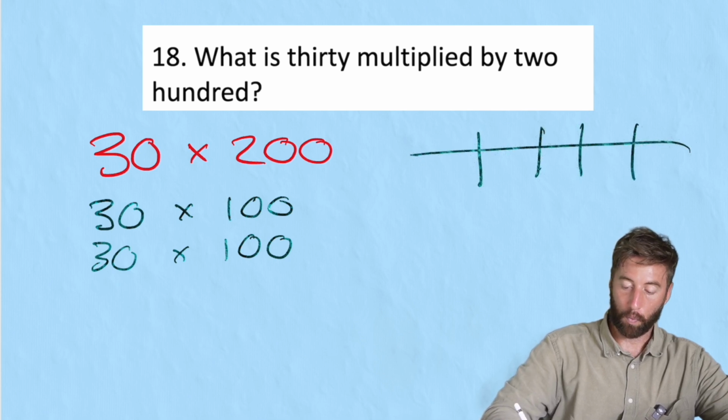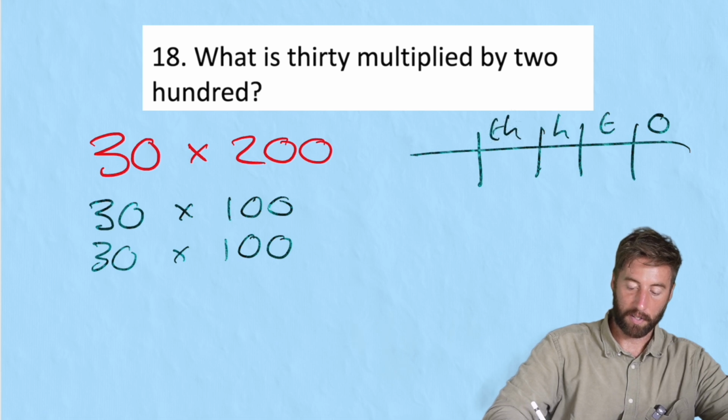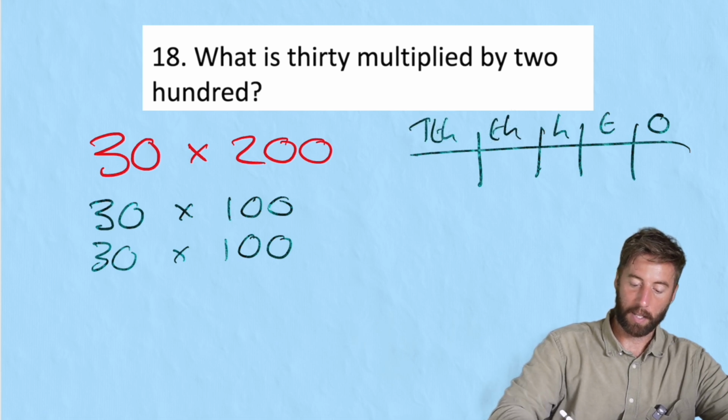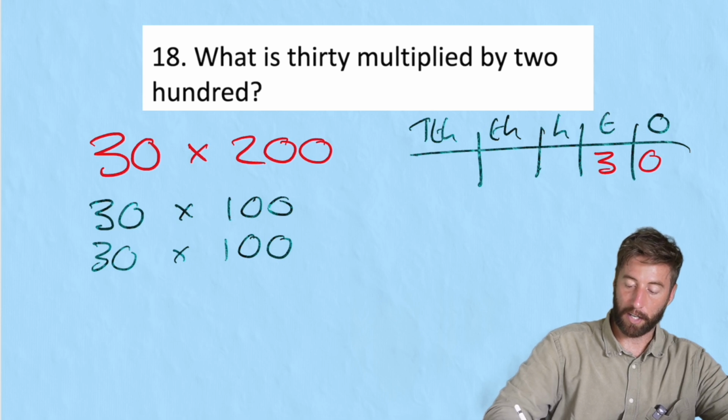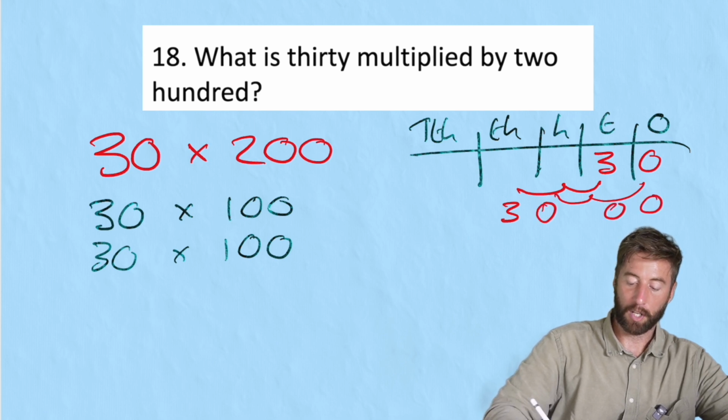And if I've got ones, tens, hundreds, thousands, 10,000s maybe, let's put my 30 in place. And if I'm timesing by 100, it needs to come 1, 2. So my 3 goes in the thousands, 1, 2. My 0 goes in the hundreds, and I need 2 placeholders. So my answer is 3,000 to both of them.